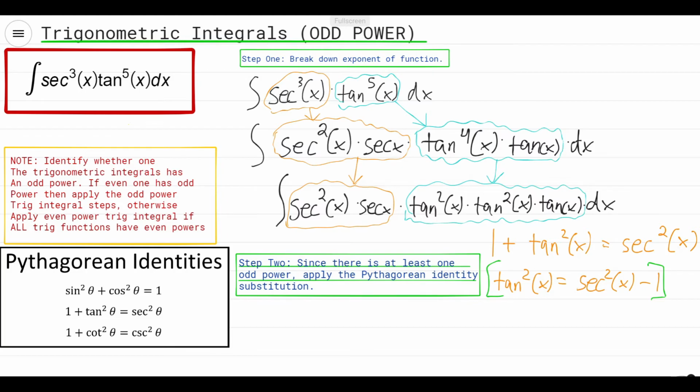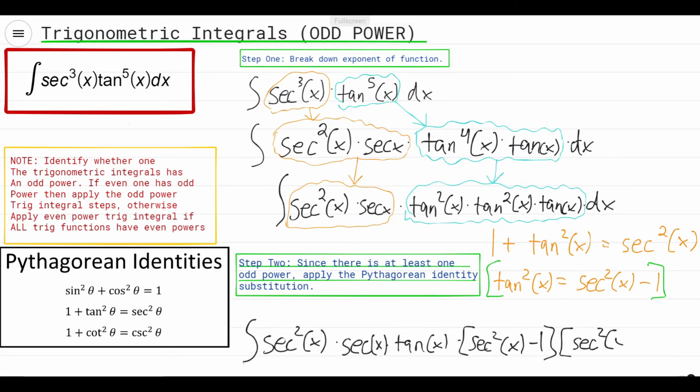So I'm selecting tangent as the substitution, so I can have everything in terms of secant squared. So now I'm going to have secant squared x times secant x times the tangent x that's by itself, and then for the 2 tangent squared x, I'm going to apply the substitution. So I have secant squared x minus 1, and then secant squared x minus 1 again, times dx.